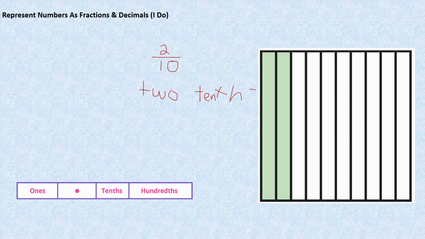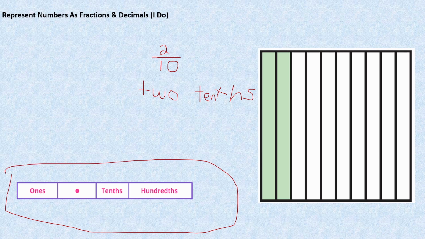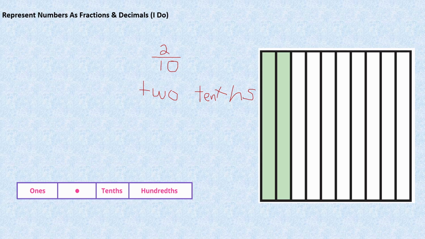Now, when we write this as a decimal, we're going to fill in this little decimal chart that we have to help us out. Okay, so in this model, we have 0 ones. We don't have any wholes. So if this entire grid was filled in, then we would have one entire whole, but we don't have anything. Okay, we only have a part of a whole.